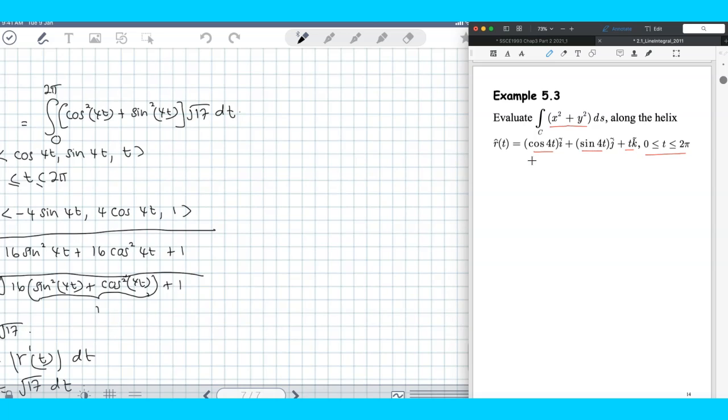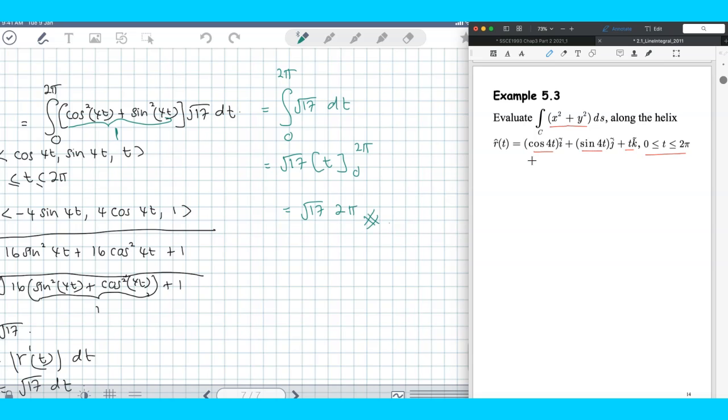So using the identity, we know that this one is equal to 1. So then we got a simple integration: just the integration of square root 17 dt, 0 to 2 pi. So square root 17 t from 0 to 2 pi, and you will get 2 pi square root of 17.